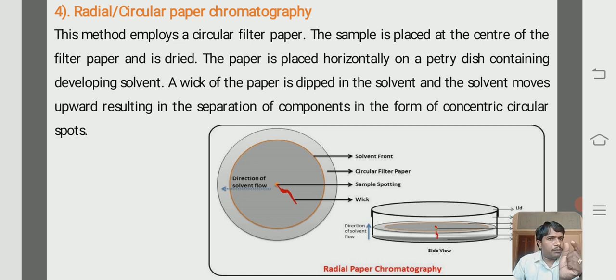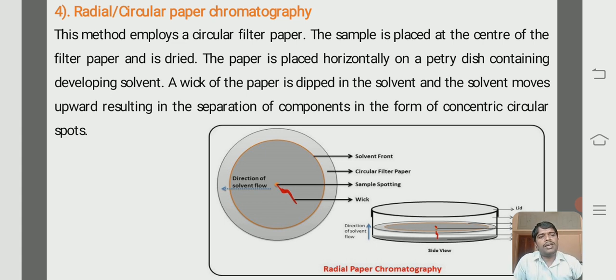A wick of the paper is dipped in that mobile phase, and the solvent moves upwards through this wick, resulting in the separation of components in the form of concentric circular rings or spots. You can observe here the circular ring on the filter paper.